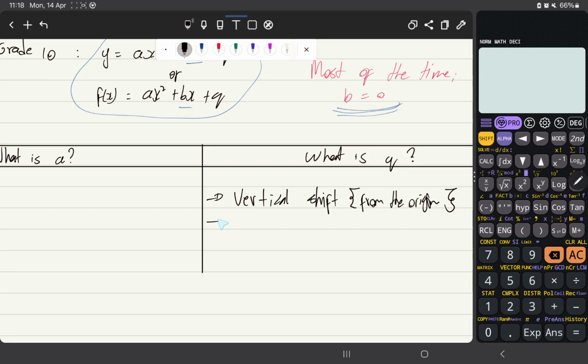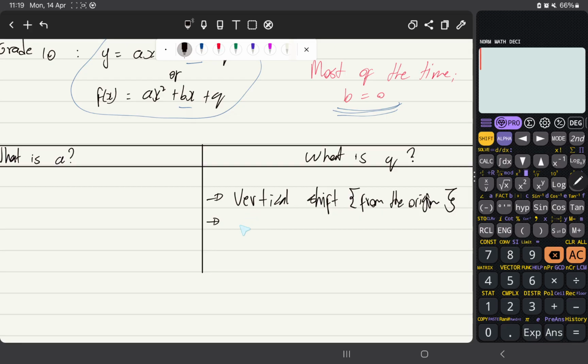So also we can talk about, remember now this is a parabola, only in parabola, and so there are some things we're going to mention about q that are going to apply to all the other functions. But some of them will only be parabola specific. Cool. Q is the y value of your turning point, TP.